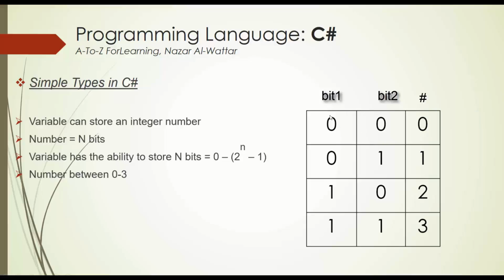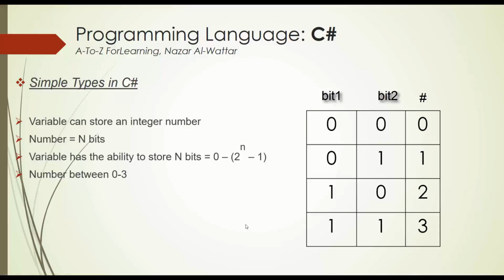If we have 0 in bit number 1 and 0 in bit number 2, we can represent the number 0. If we have 0 in bit number 1 and 1 in bit number 2, we can represent the number 1, and so on, as we can see here in the table.